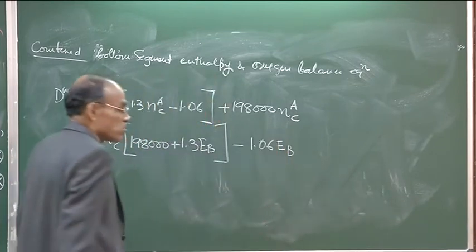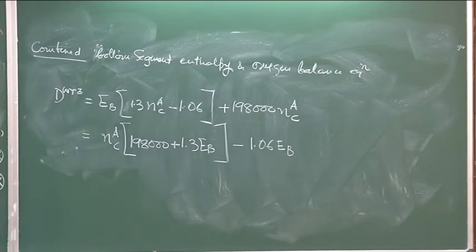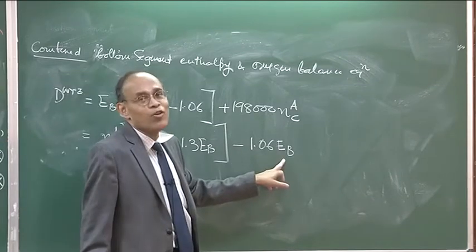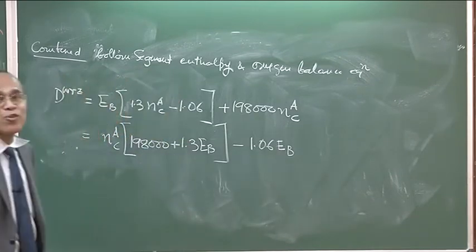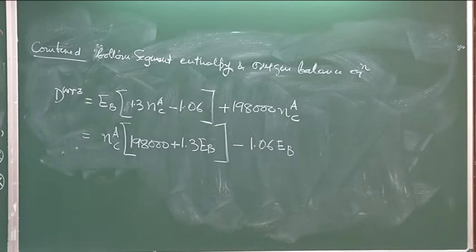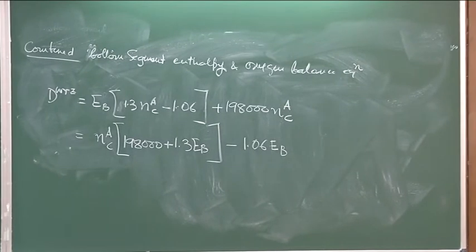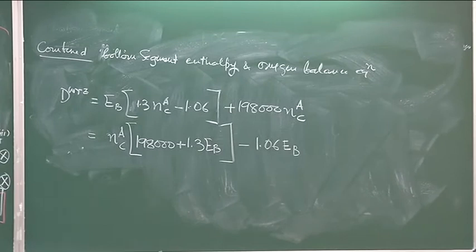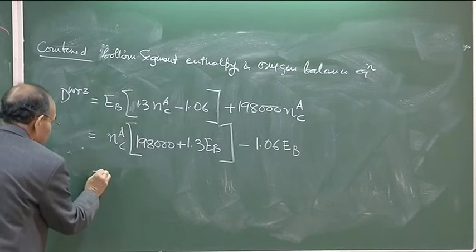Suppose the blast is introduced into the furnace exactly at 1200. The enthalpy of the blast becomes equal to 0, because the enthalpy of the blast is defined as the heat content at TB minus the heat content at 1200. The moment TB is set equal to 1200, by definition the enthalpy of the blast becomes 0.